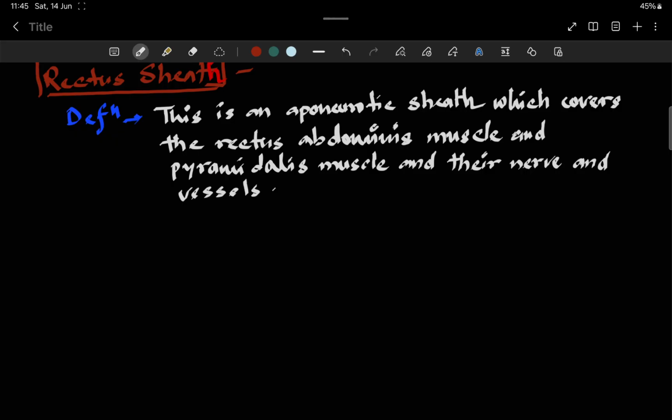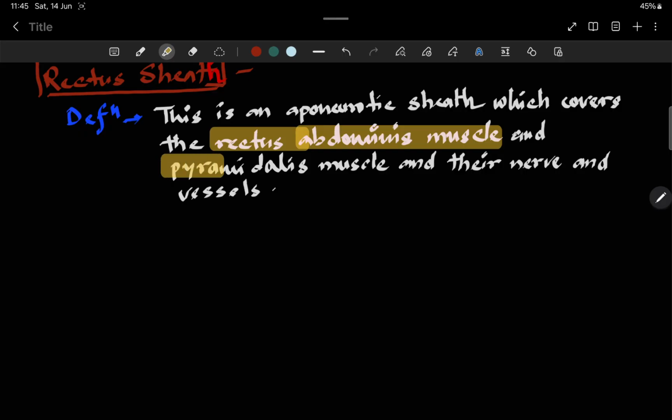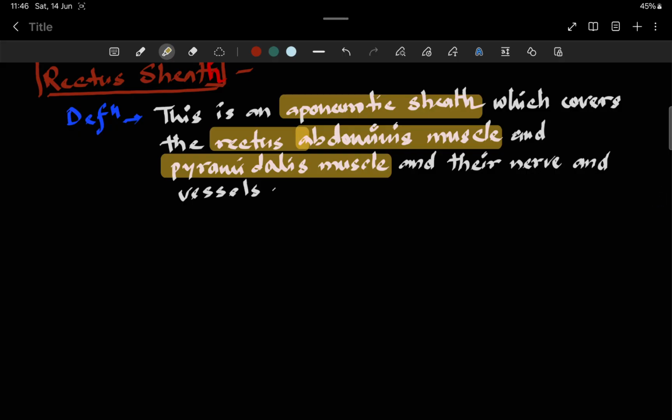The important portions are the rectus abdominis muscle, the pyramidalis muscle, and also the aponeurotic sheath. These are the three important points to remember.